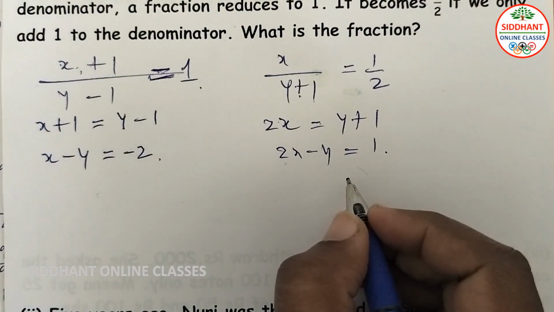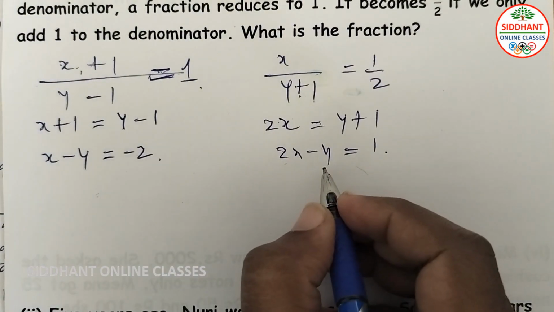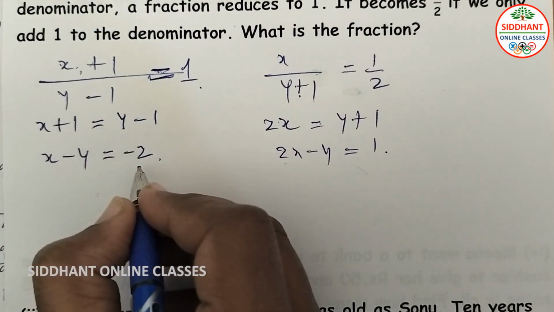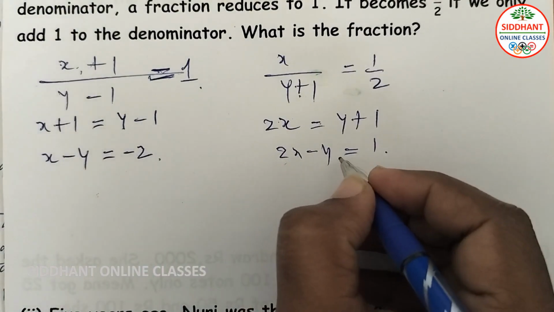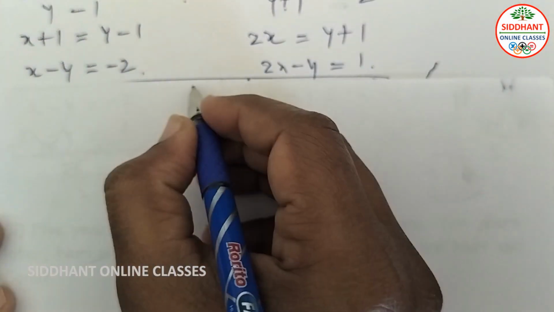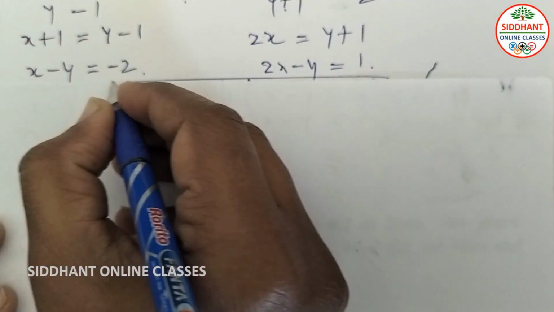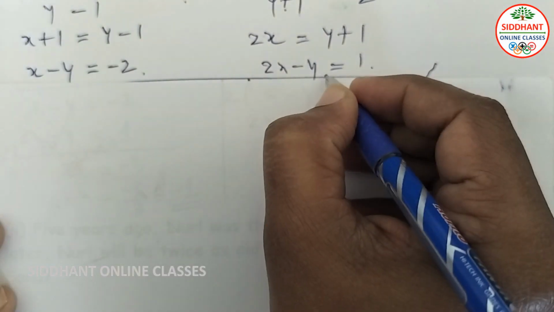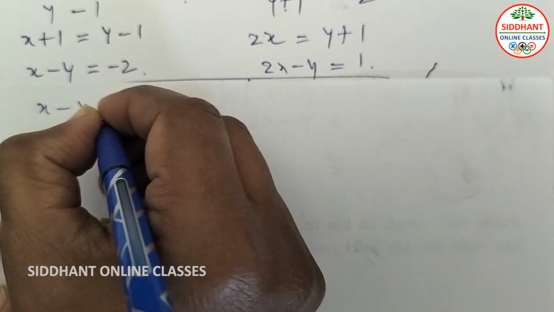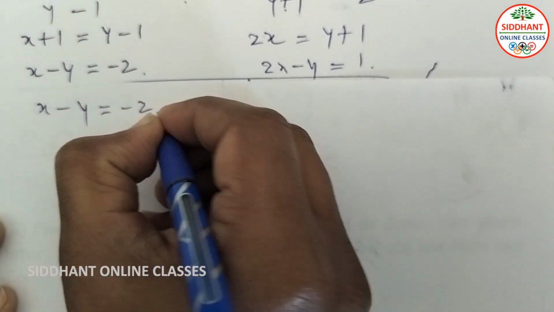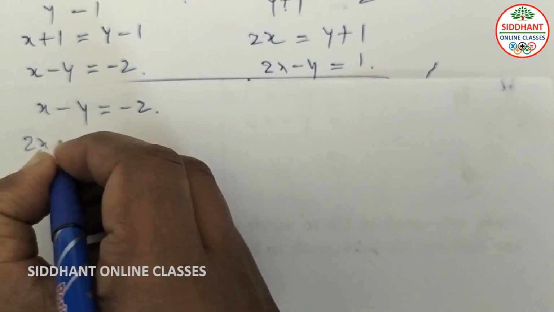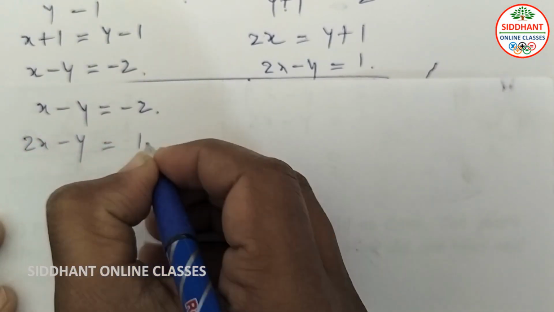Now by the elimination method, we get two equations: x minus y equal to minus 2, and 2x minus y equal to 1.